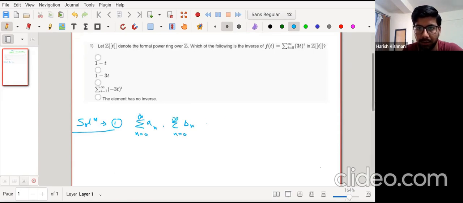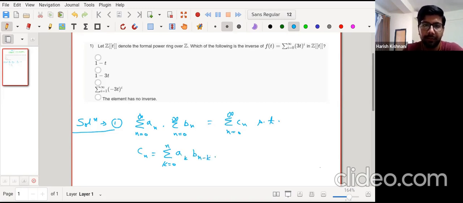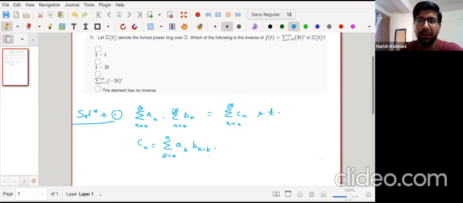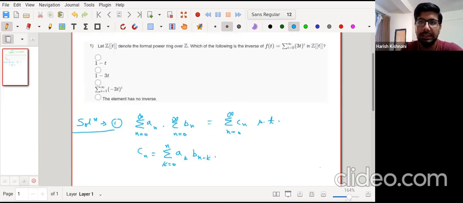Then we get some power series C_n, such that C_n is defined in this manner: the sum over k equal to 0 to n of a_k b_(n minus k). Okay. Now using this definition, can you find the inverse of the given series?